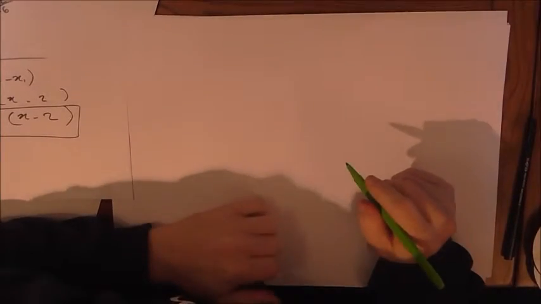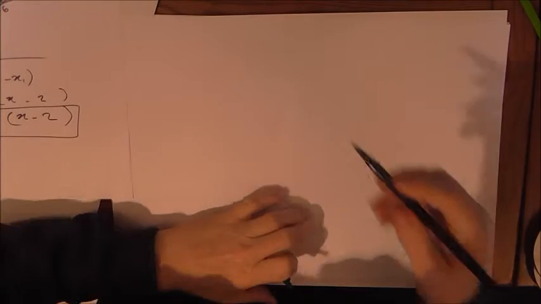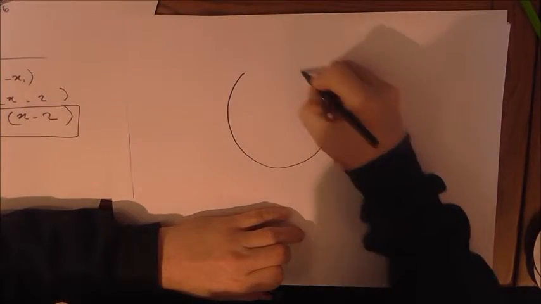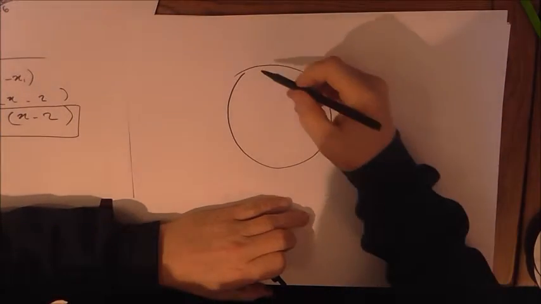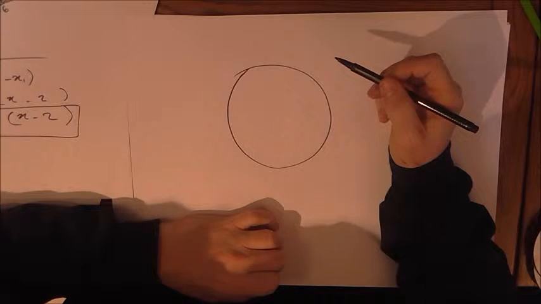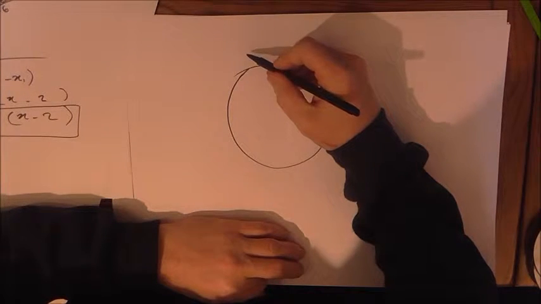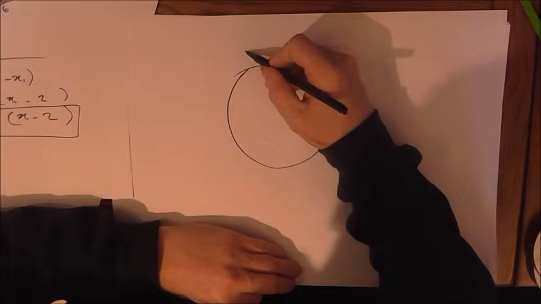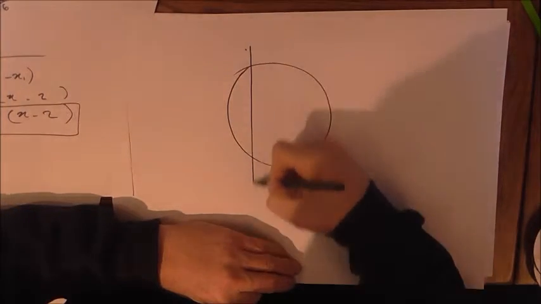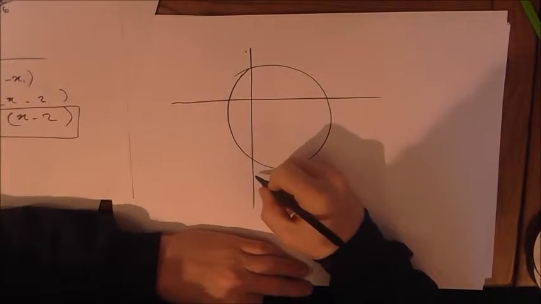Okay, example number 6 is about a circle. And you've got y equals 3x minus 11.